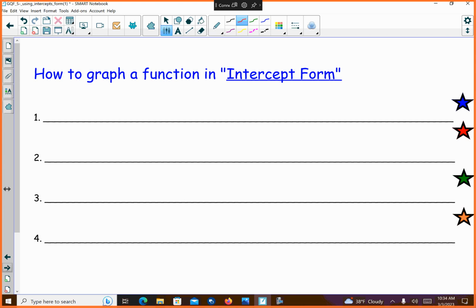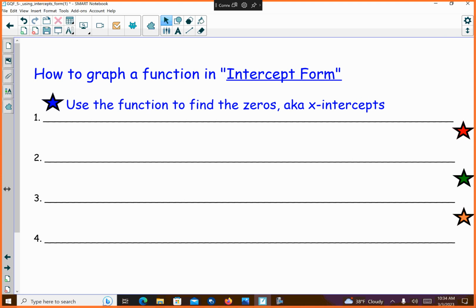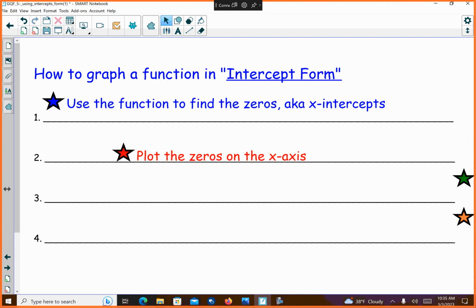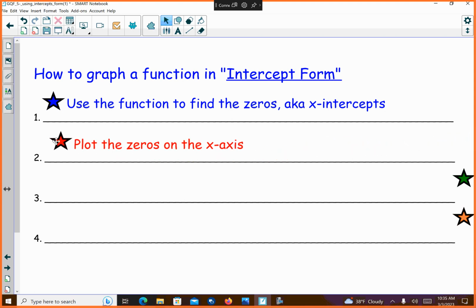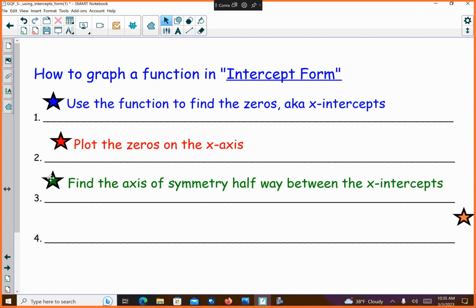So, how to graph a function in intercept form. I'll draw these out for you, and you can write these down. Use the function to find the zeros, aka the x-intercepts. Plot the zeros on the x-axis. Find the axis of symmetry, which is halfway between the x-intercepts.